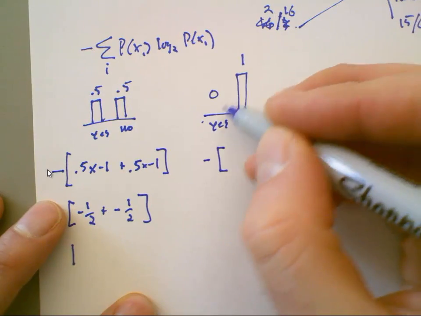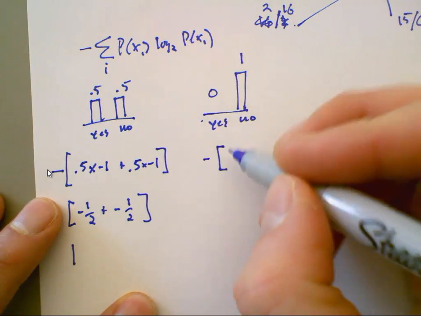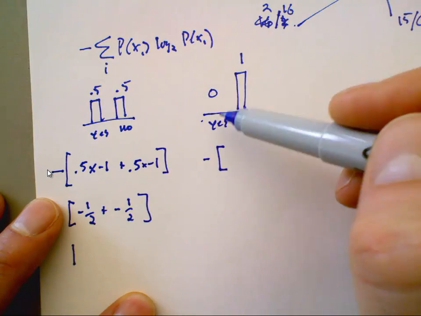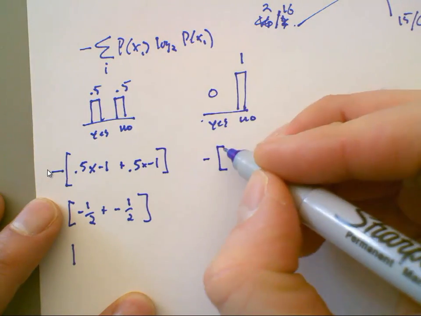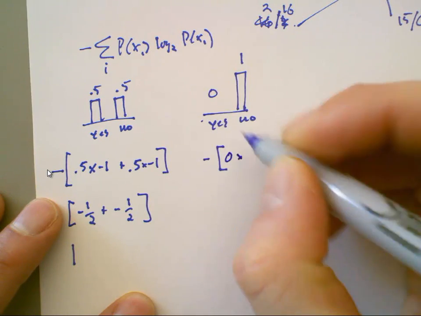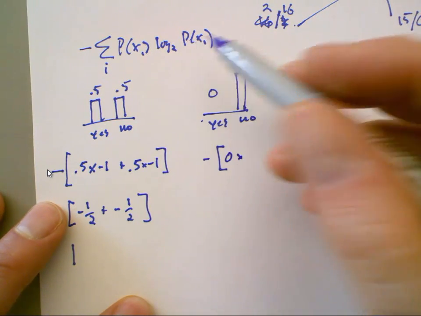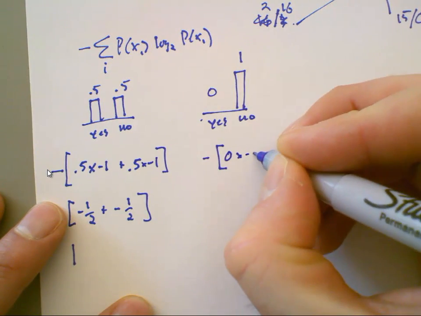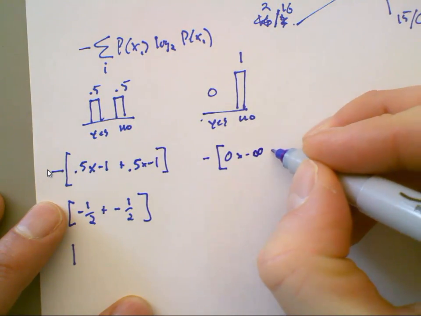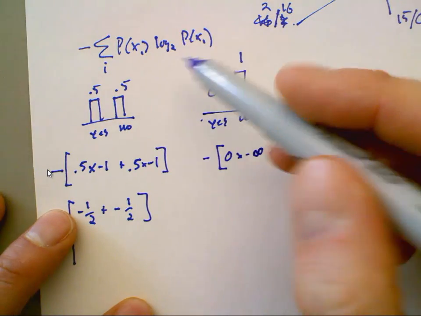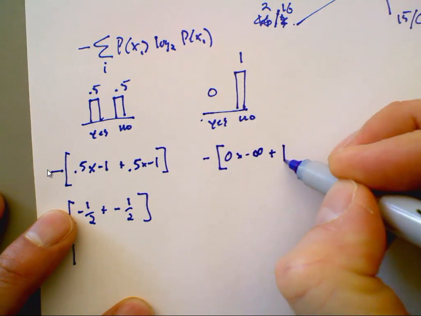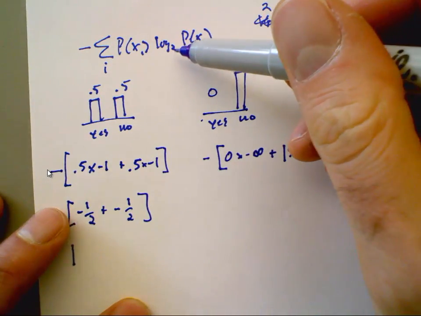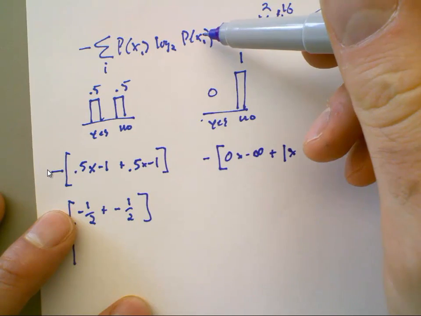For here, this is a very highly ordered distribution. Let's see what we have. We have a 0% chance of getting a yes, so that's 0 times log base 2 of 0, which is negative infinity, plus now the probability of getting no is 1, and 1 times the log base 2 of 1 is 0.